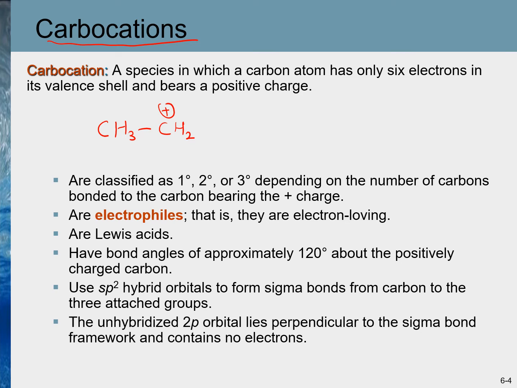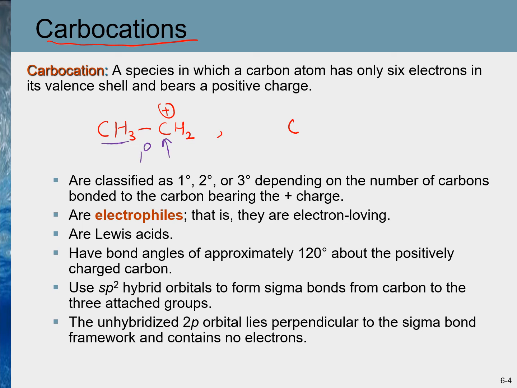Carbocations are classified as primary, secondary, or tertiary depending on how many carbons the charge carrying atom is bonded to. For example, in this example, the charge carrying carbon atom is bonded to only one more carbon, so this is an example of a primary carbocation.